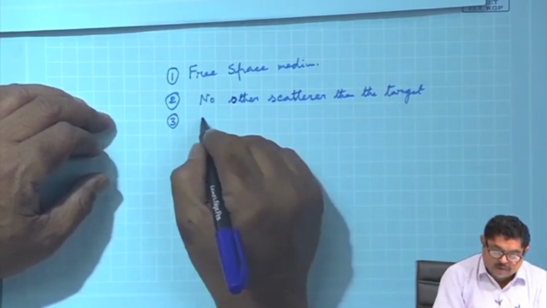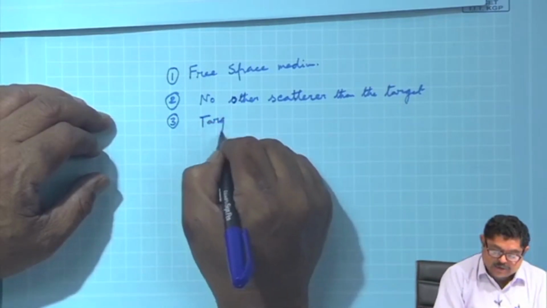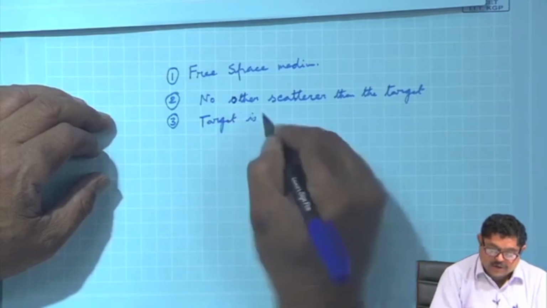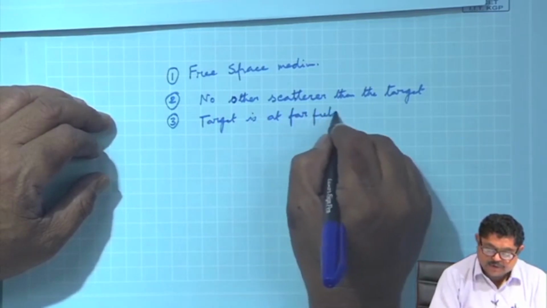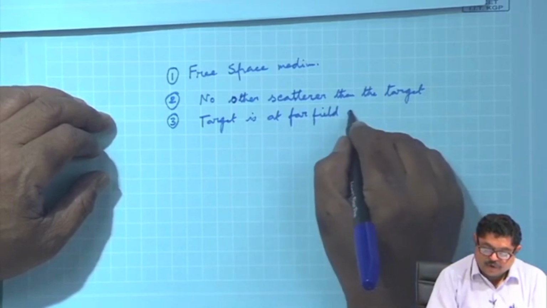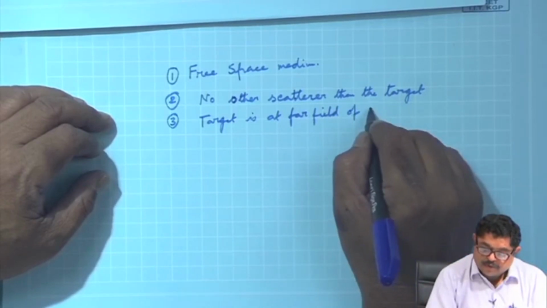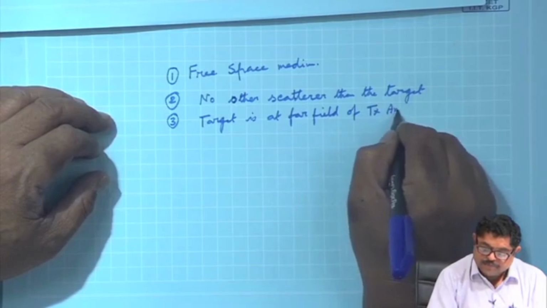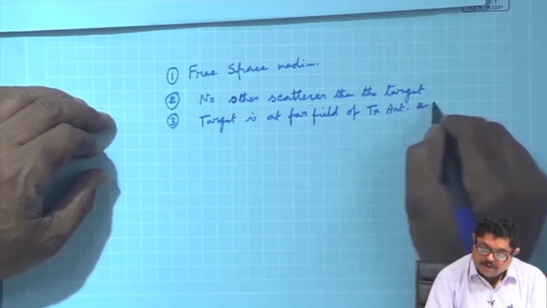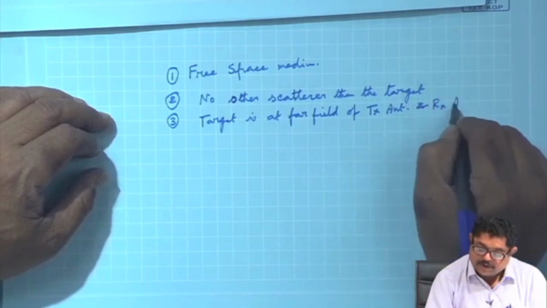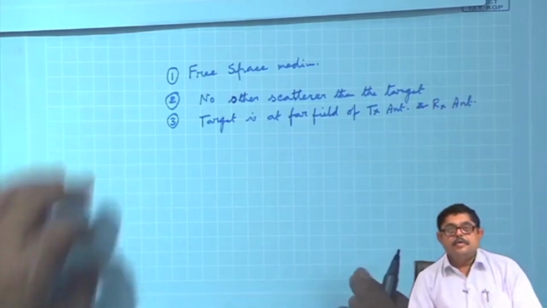The target is at far field of the transmitting antenna, and also I can say the receiving antenna.